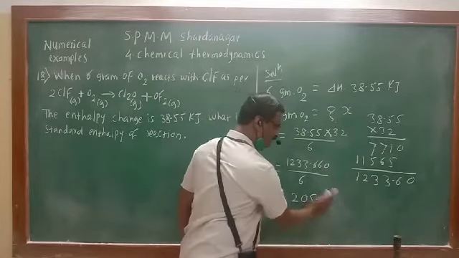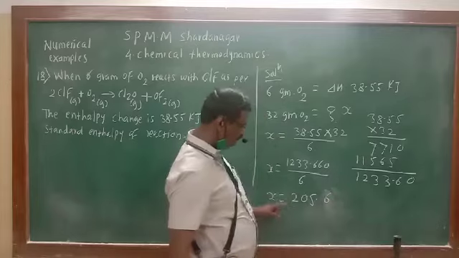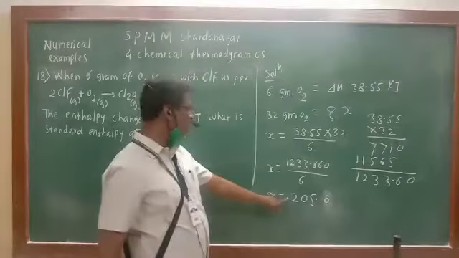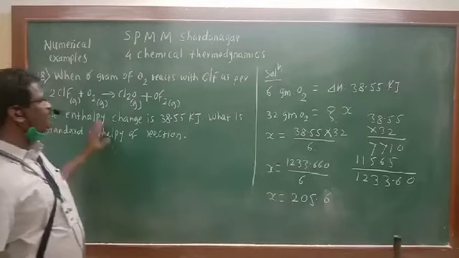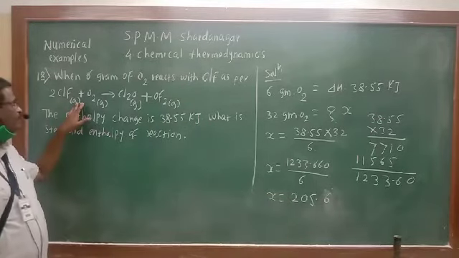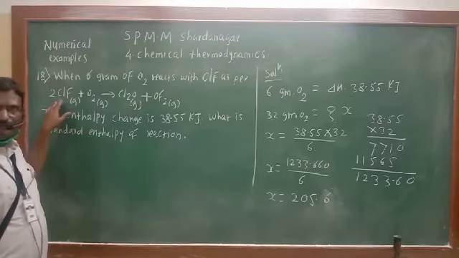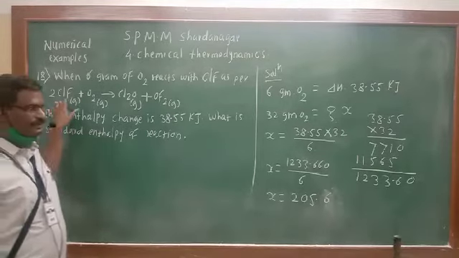So directly we can write it as 6 also. Answer is positive, plus 205.6, is the amount of enthalpy change obtained during this reaction under standard conditions of temperature and pressure. This is the final answer.